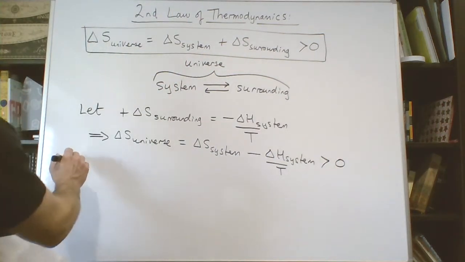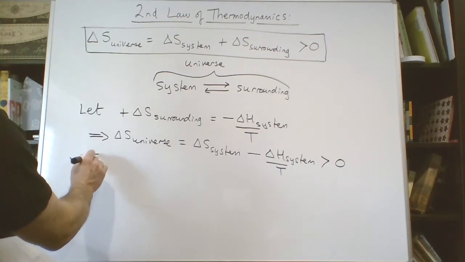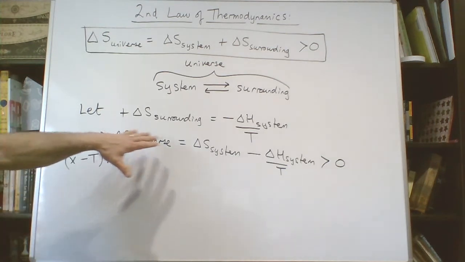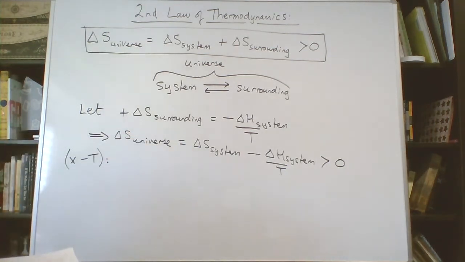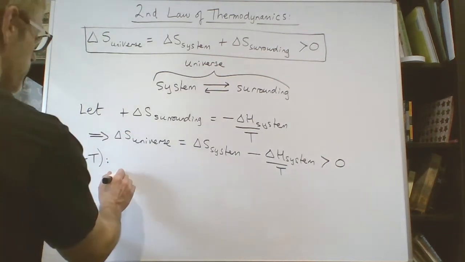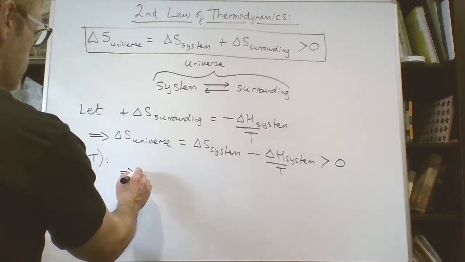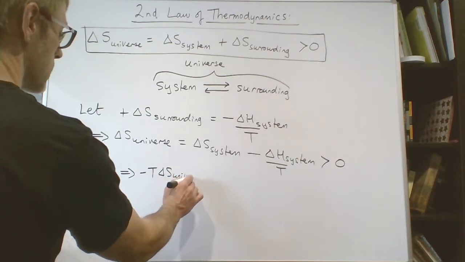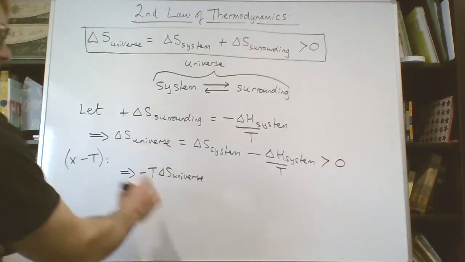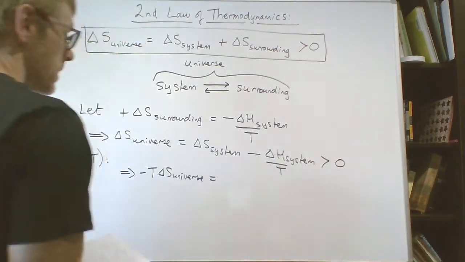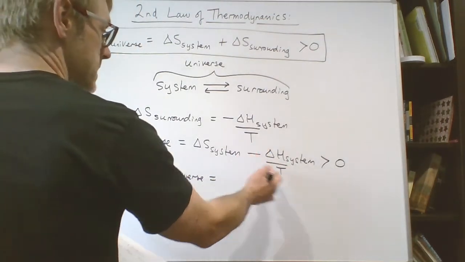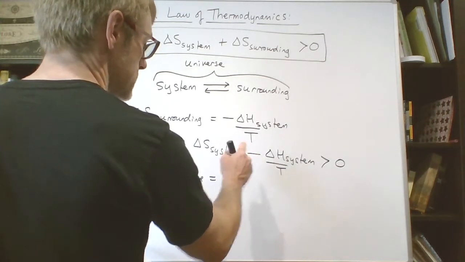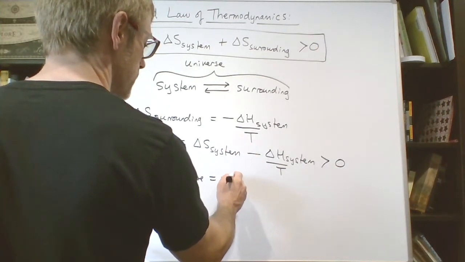If we multiply through by negative T, so we're going to take this expression, we're going to multiply through by negative temperature. We get negative T delta S universe, which is this expression here, equals, let's take this second term, let's hit it with negative T. Well, the negative T would cancel this negative and make it positive.